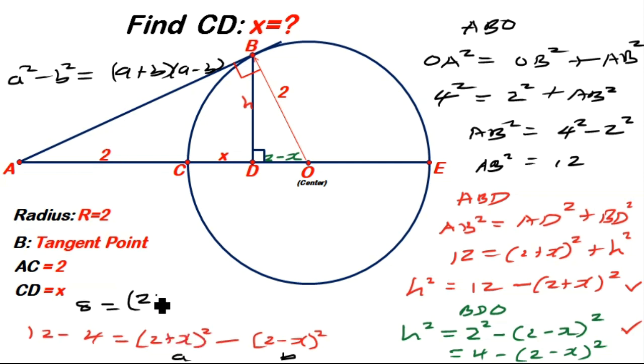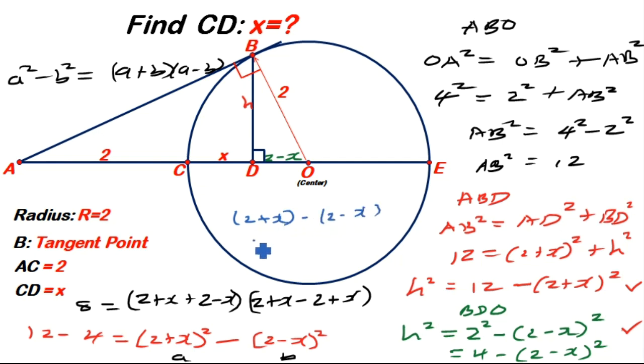A is 2 plus x, so that is going to be 2 plus x, then plus b is 2 minus x, then it is times a minus b, 2 plus x minus 2 minus x. So if you open this smaller bracket, that sign is going to change to positive. Because remember, if you have 2 plus x minus 2 minus x, if you open this bracket, you get 2 plus x, then minus 2, then negative is going to be plus x. So you end up with this.